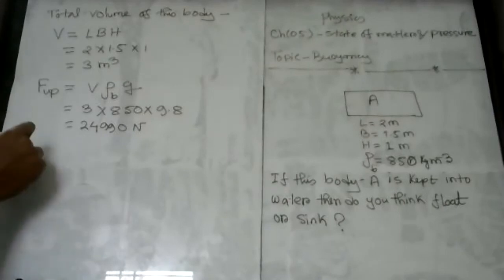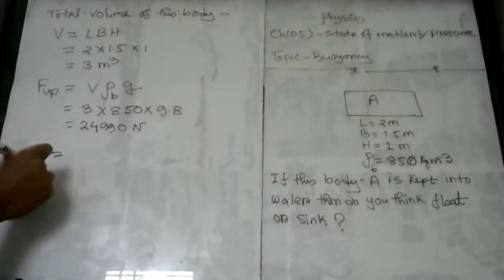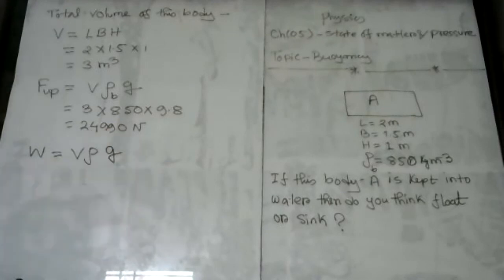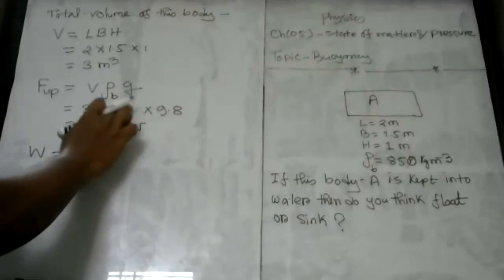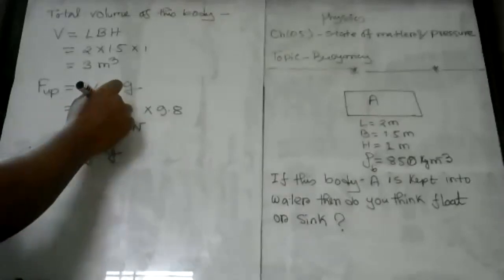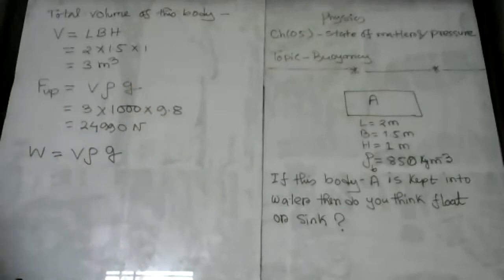So the weight of this body, W, will equal to what? Will equal to V rho G also. But in this case, what is rho? Okay, I made a mistake here. This is 1000 because this is upward thrust, my dear student.